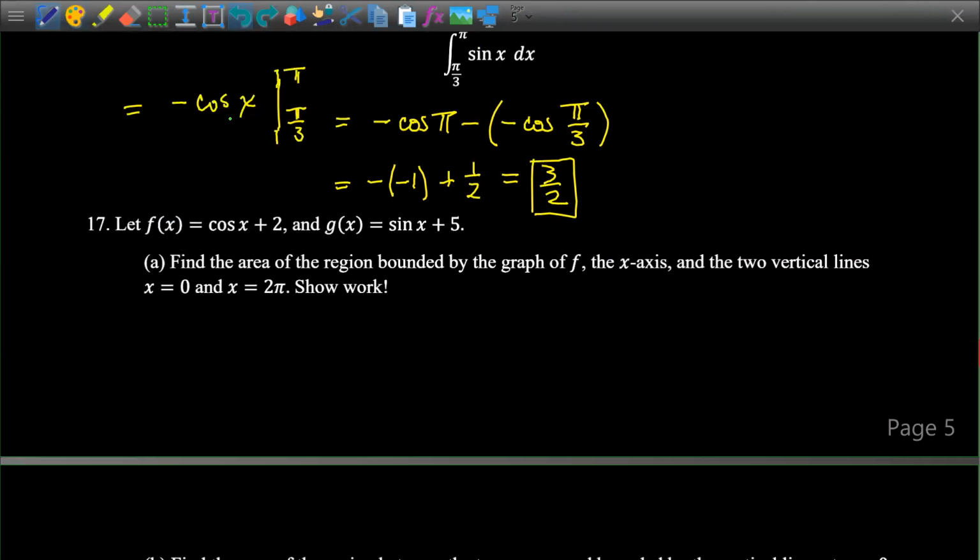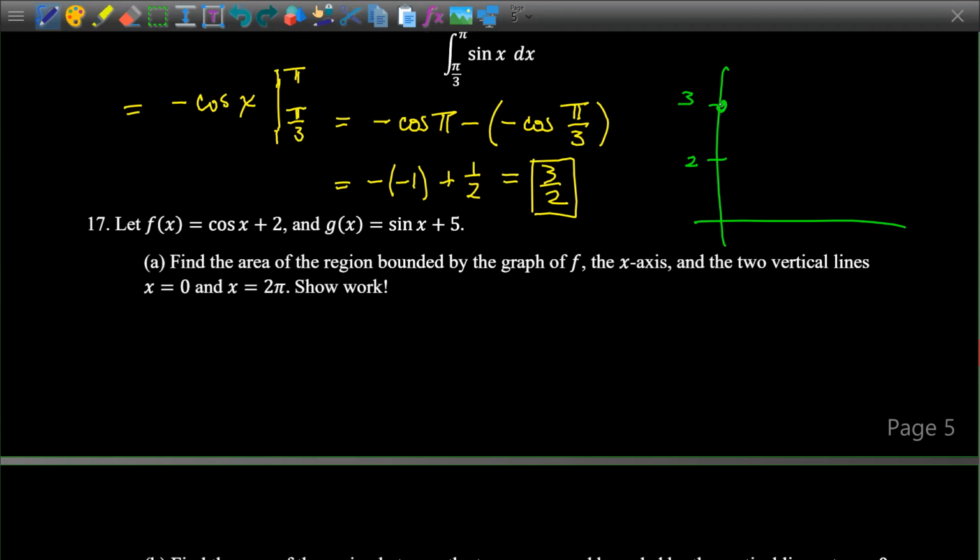All right, so I'm just going to draw the first quadrant here. And we have the cosine function, except it's shifted up by 2. So there's 2, and then there's 3. So at 0, the cosine of 0 would be 1, and then plus 2 is 3.